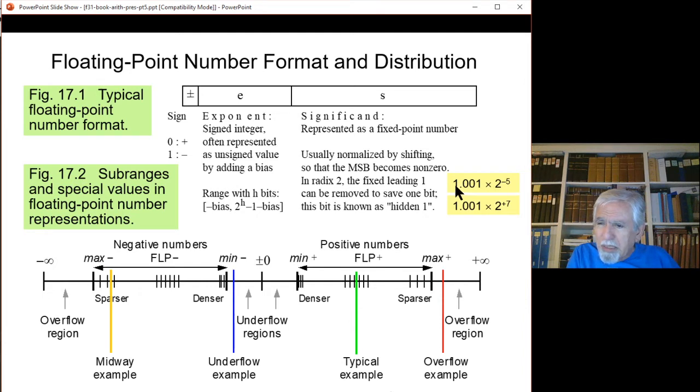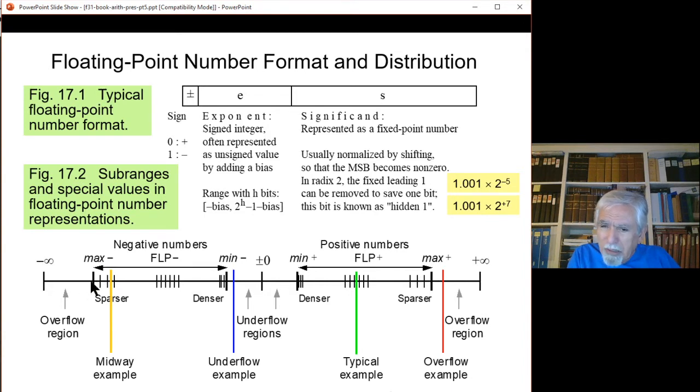So because this first bit of the significand is always 1, we can hide it, not show it, and by doing so we save 1 bit in the representation. Now this is basically a schematic diagram showing the distribution of floating point numbers over the real number line.